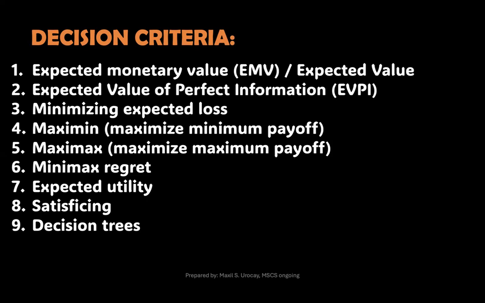Of course, there will be certain calculations that we will begin to tackle in the next videos as well. Maximin, where we are maximizing the minimum payoff. For Maximax, we are maximizing the maximum payoff. There will also be minimax regret, expected utility, satisficing, and decision trees. We will discuss those one by one in the next video. So, see you there.